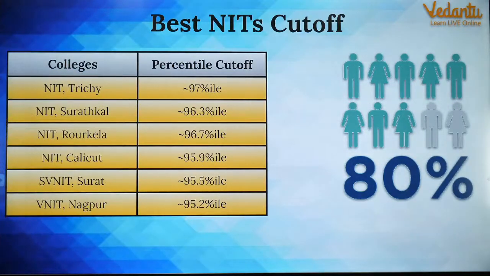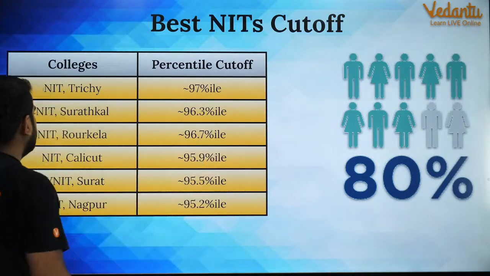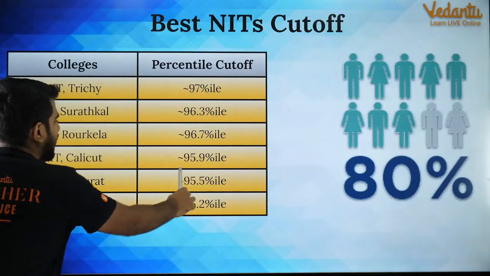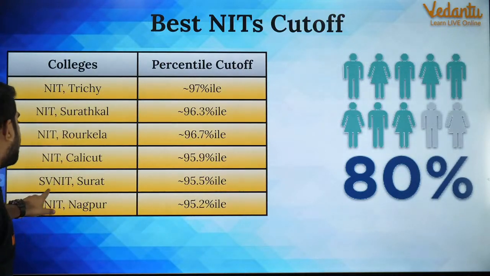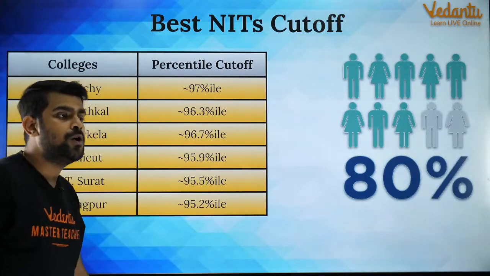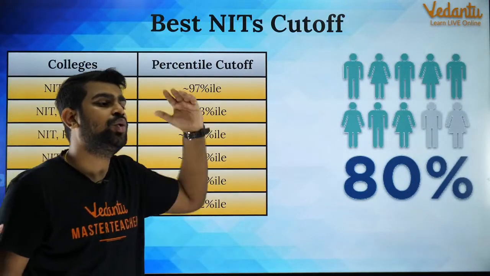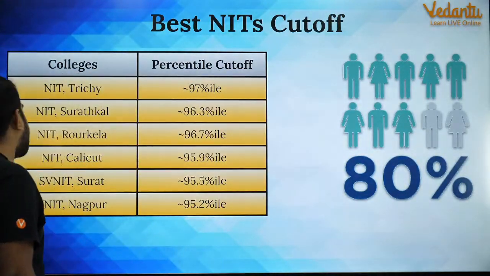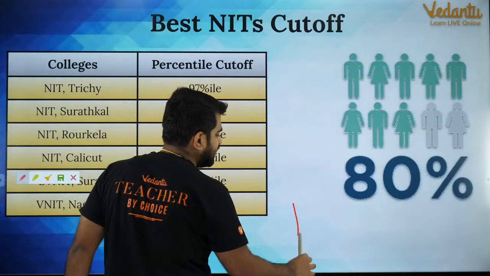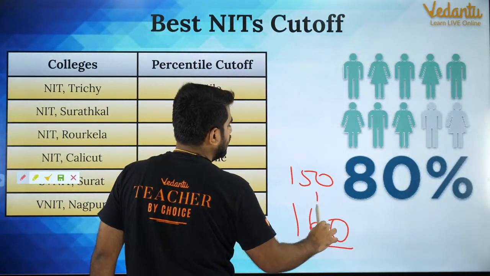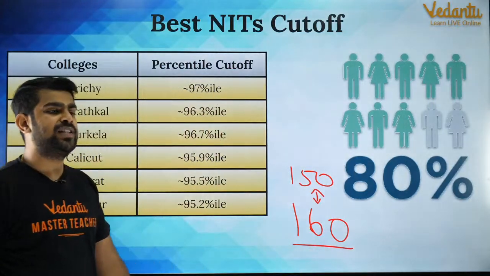Okay, very good Sanjeev, that's fantastic. NIT Surathkal is 96.3, NIT Rourkela is 96.7, NIT Calicut is 95.9, SVNIT is 95.5, VNIT is 95.2. So if you want top NITs, you need to get above 95 percentile. 95 percentile will be around 150 to 160, I guess.